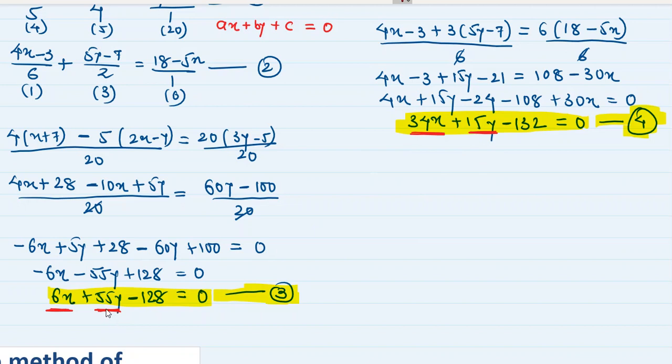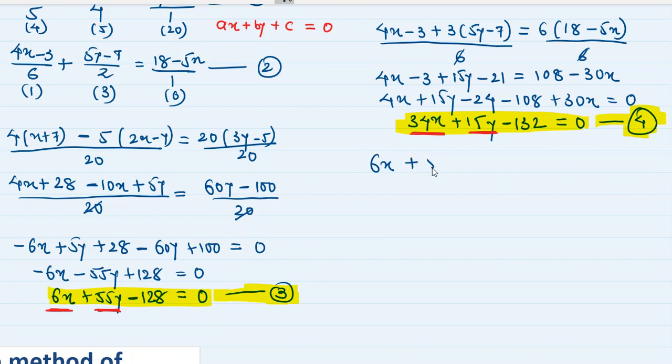Now, the coefficient of x, which is 6, is smaller. So it is easier to find the value of x in this term. Other two coefficients are all bigger. The least coefficient is 6, which is the coefficient of x in equation 3. So let's target that equation and simplify that.